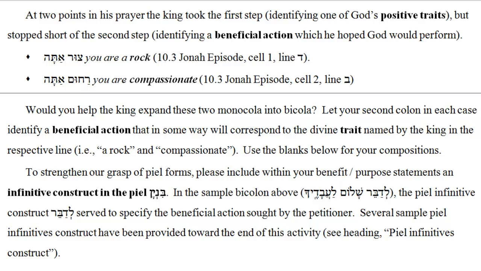Thus, in the case of cell 1, line dalet, the beneficial action should flow out of God's trait as being solid, a rock. And the beneficial action for the second should flow out of God's trait as rachum, compassionate.